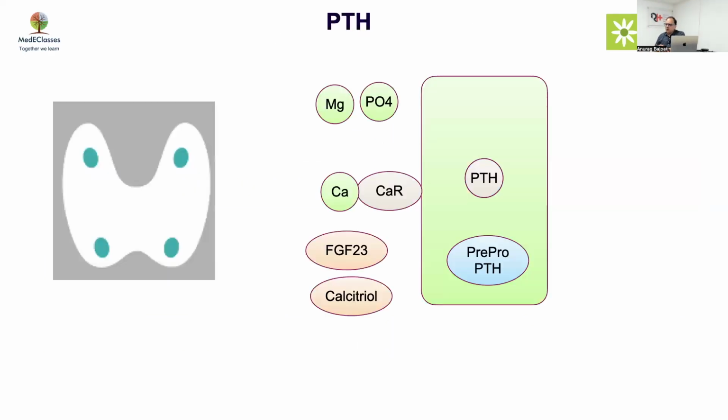Now, PTH, we already discussed. The PTH release is regulated via a number of factors. The major factor, of course, here is the level of magnesium. If you have hypomagnesemia or hypermagnesemia, both of them are going to impair the PTH release. How does hypermagnesemia decrease PTH? It acts on the calcium sensing receptor, mimics calcium.